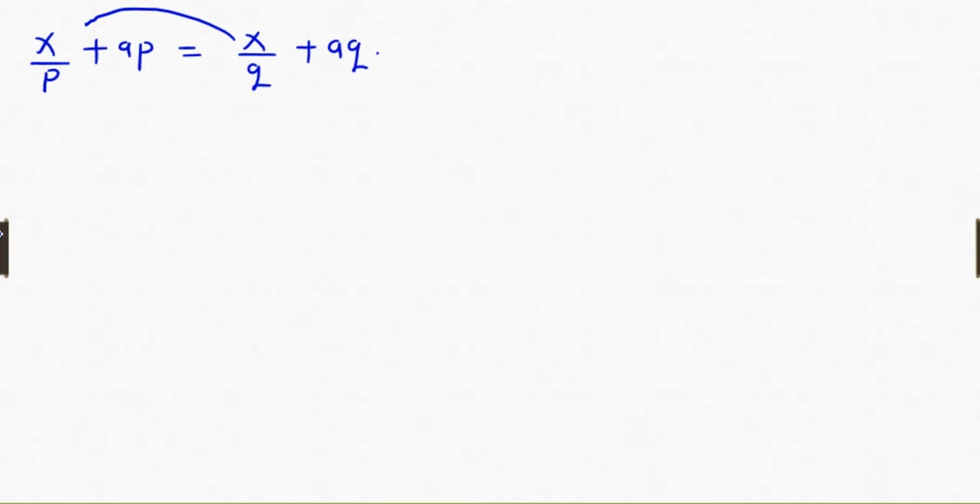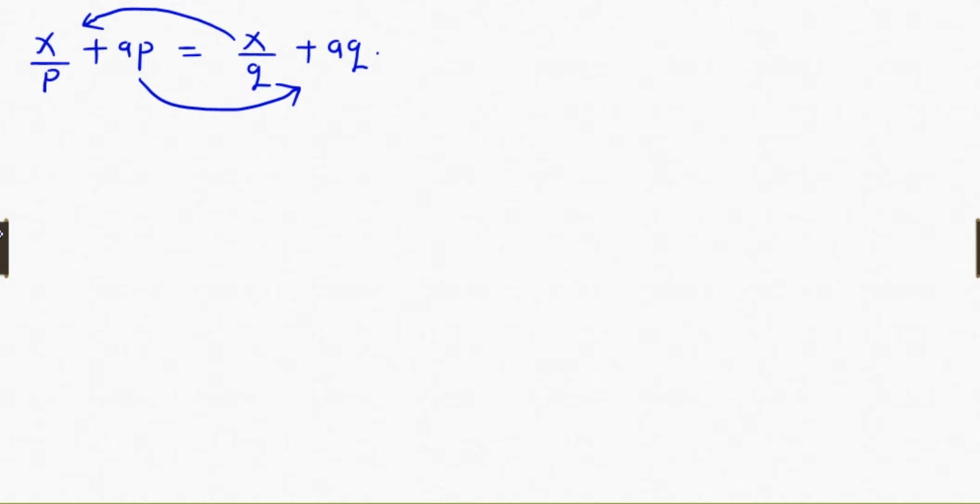So our y1 is given by x over p plus ap, and our y2 is given by x over q plus aq. So we find the x coordinate, and we are going to do it by transferring x over q to the left and then ap to the right.